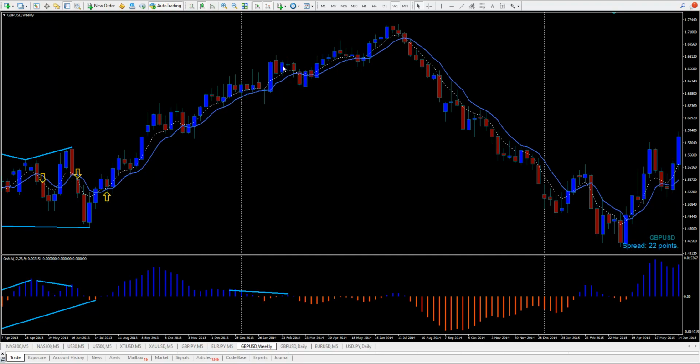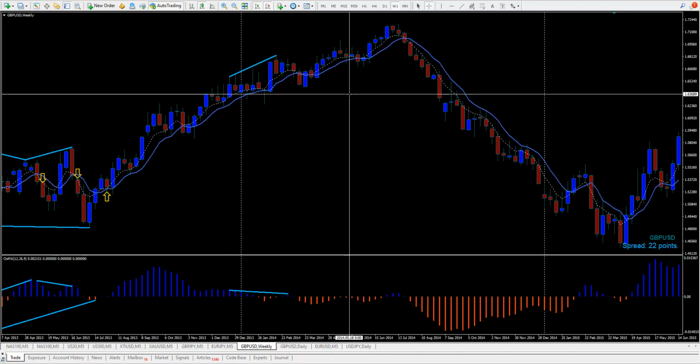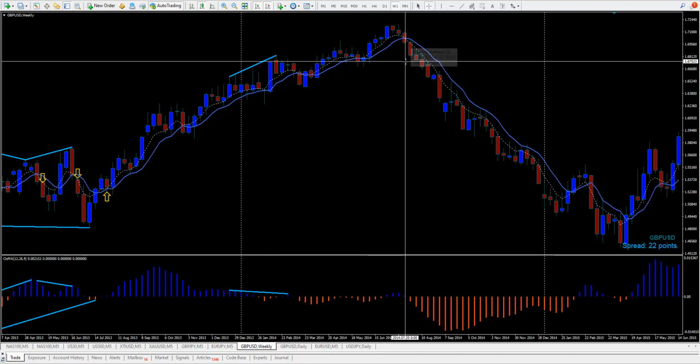But my filter stopped it. So you'd have to wait all these weeks until it actually crossed down to get in. Okay, but the divergence setup was back here. Right here like this, which matches with this. So you would have got in short right here, maybe even right here.